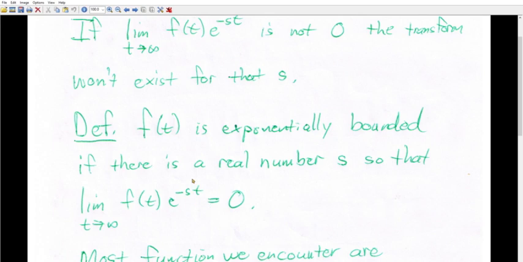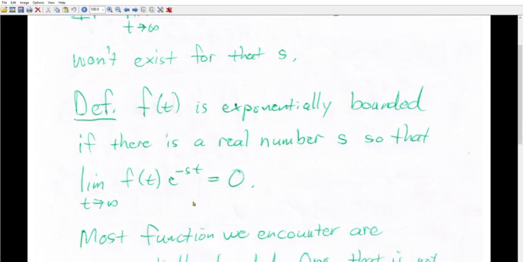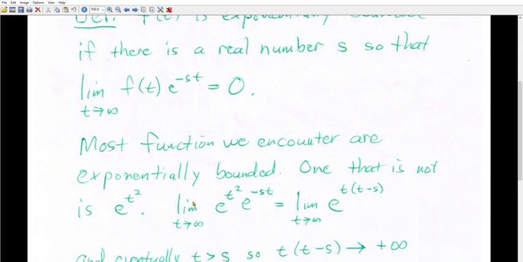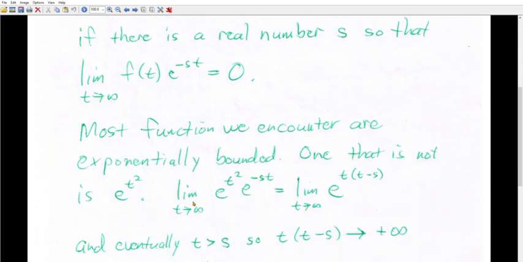And if you think about it, if it goes to 0 for that s, it's going to go to 0 for any bigger s, because the bigger s is, the more rapidly e to the minus st is going to go to 0. Okay, most functions we encounter are exponentially bounded. And obviously 1 was exponentially bounded, and e to the at was exponentially bounded because we could do the integrals.